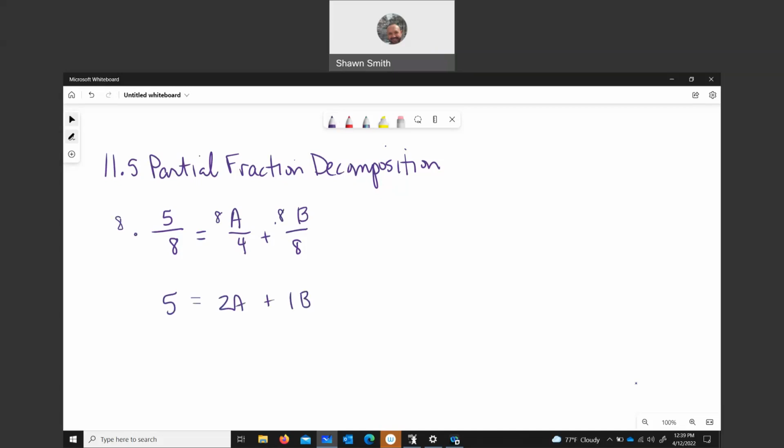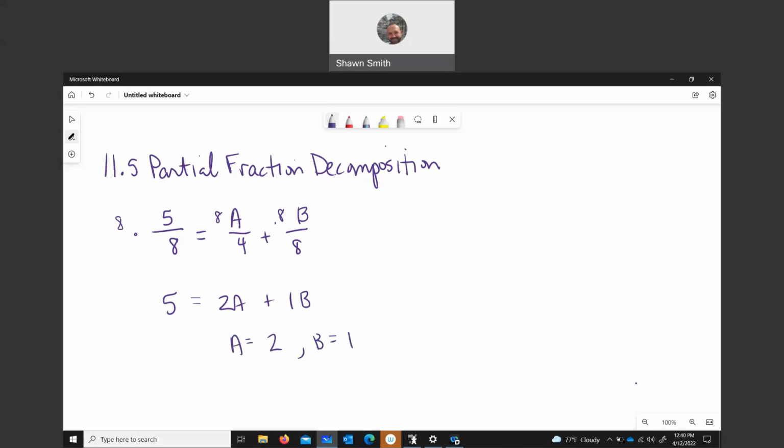So I need to figure out possible values of a and b that can give me 5. If a is equal to 2, then b could be equal to just 1, right? That would work.